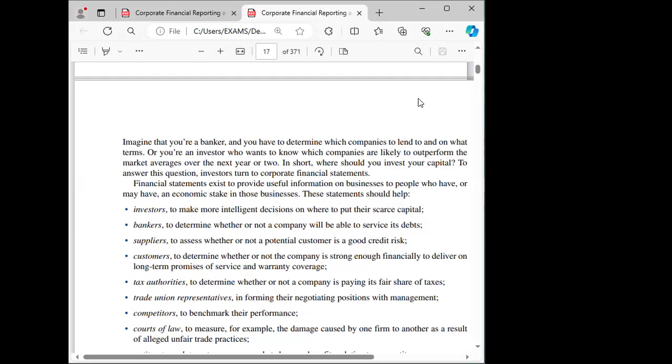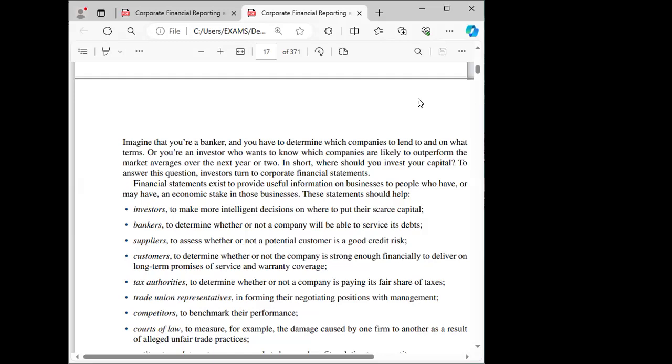The second group of stakeholders is what we call debt suppliers, those who supply loans, for example, bankers. They want to see whether a company is creditworthy. The idea is they want to see whether this business will be able to repay.